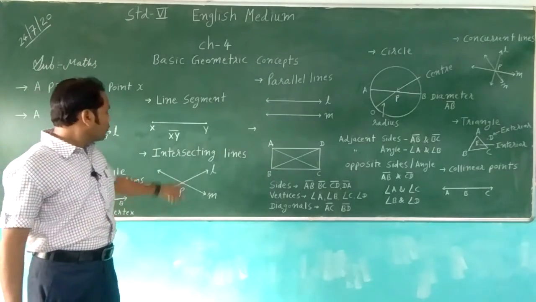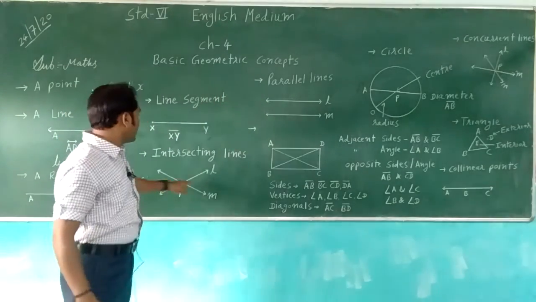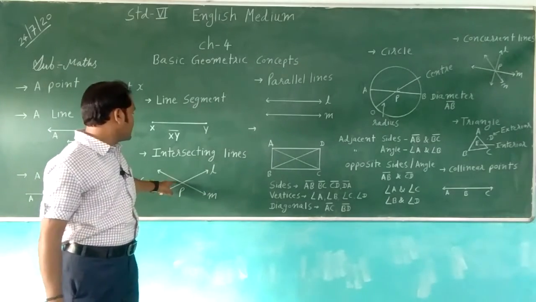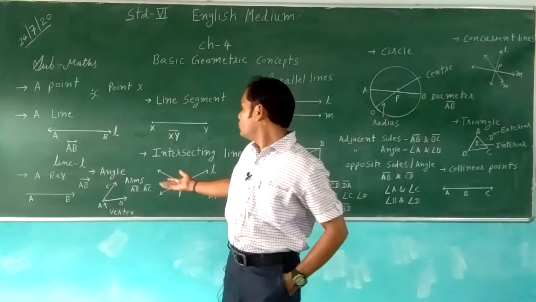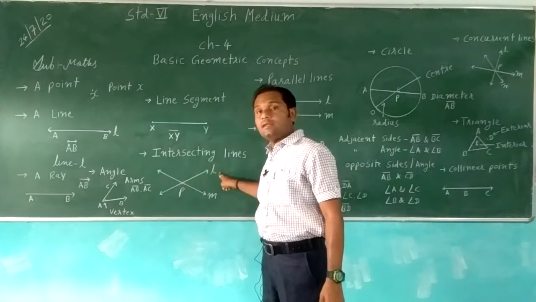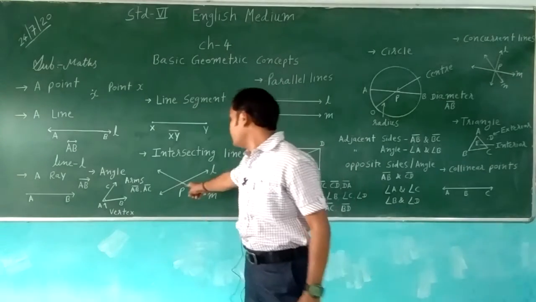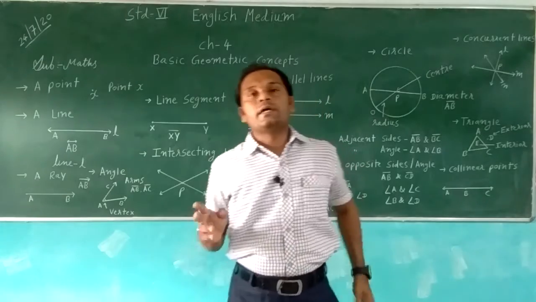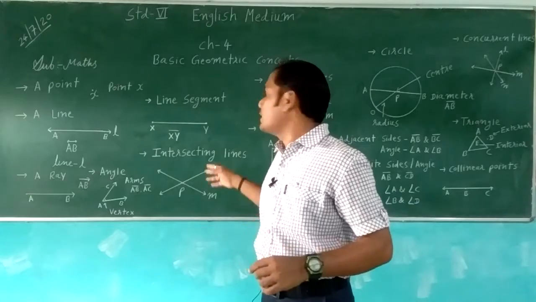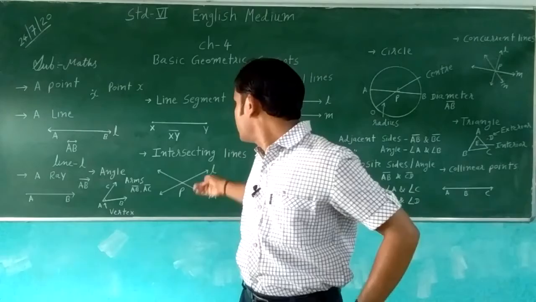You can see two lines intersect, line L and line M. Both the lines intersect at point P. P is called the intersecting point of lines L and M. So these both lines are called intersecting lines and they intersect at point P.